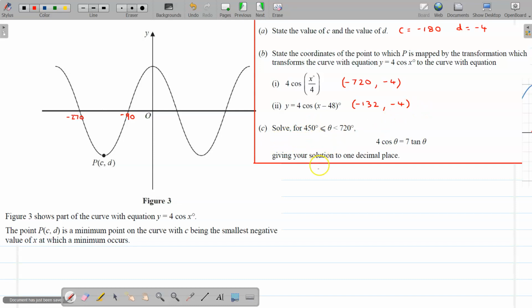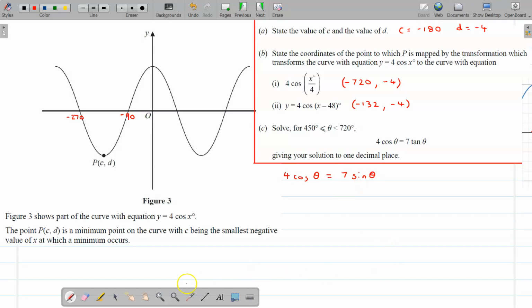Now for part C, we've got to solve this equation for the range of values of theta between 450 and 720. So what I'm going to do is start to change this into one form, either sine, cos or tan. And this is going to change into sine, and you'll see how in a moment. 4 cos theta equals 7 sine theta over cos theta.